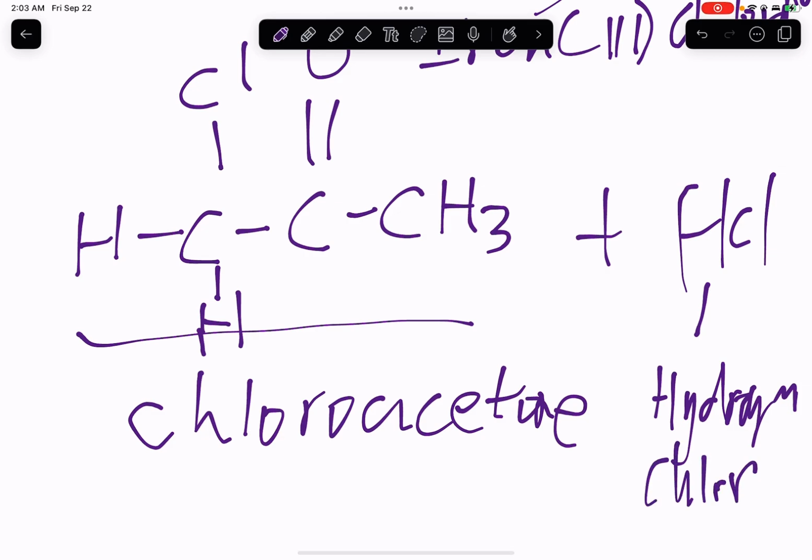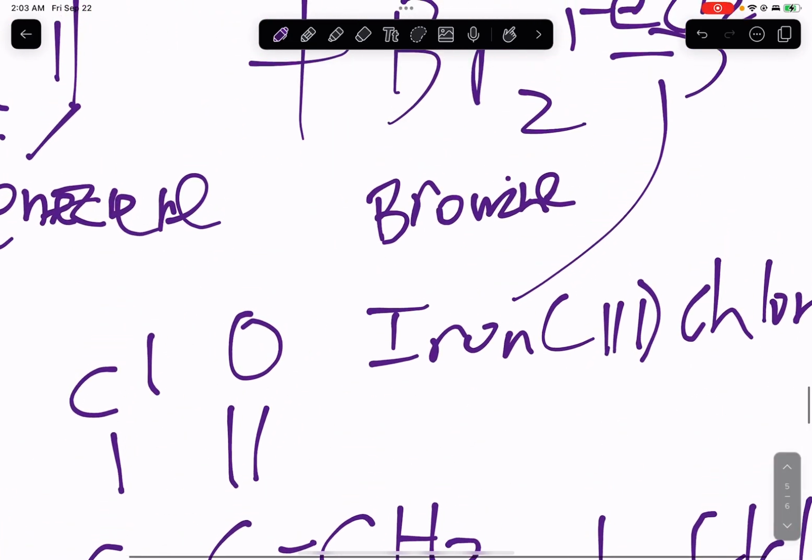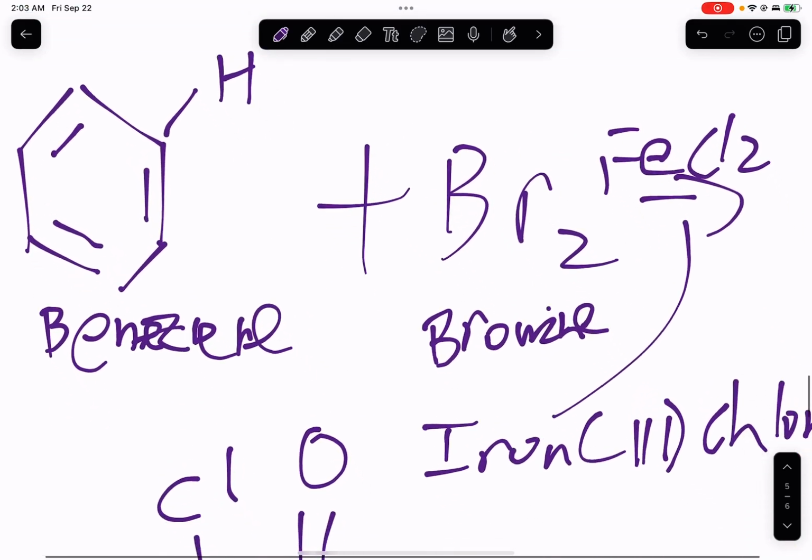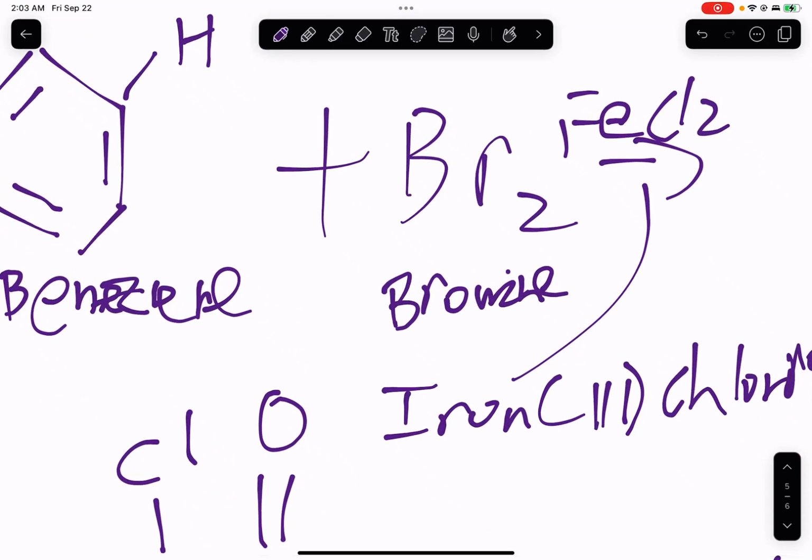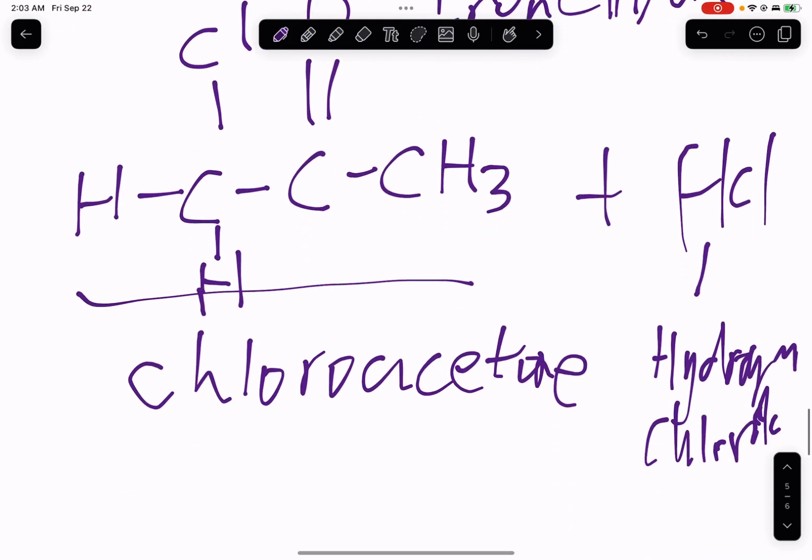So essentially, when you react benzene with the bromine, along with the iron chloride, it will get us chloroacetone with hydrogen chloride.